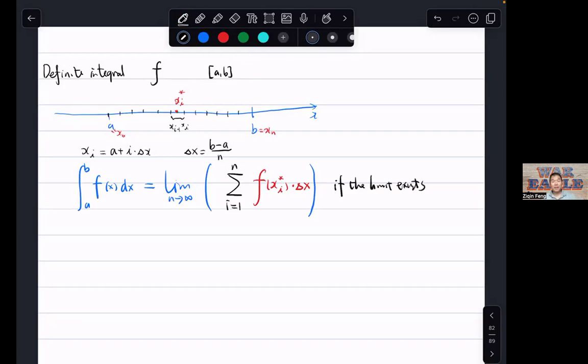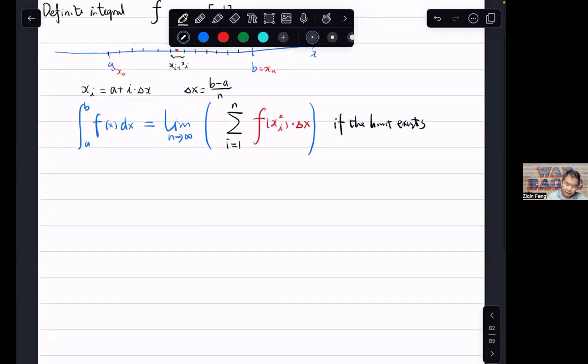So this has many applications. Our first natural question is, for what kind of function does this limit exist? The first theorem says that if your function is good, the functions we're interested in are always continuous.